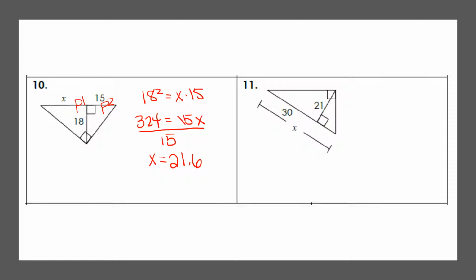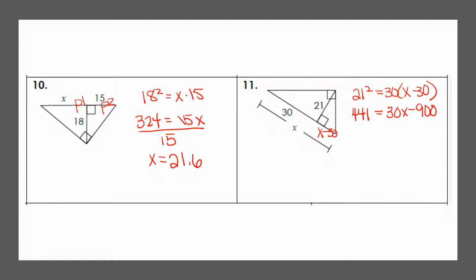Over here on number 11, if the whole length is x and I've got 30 taken out of it, then this part would be x minus 30. So now if I square the altitude, it'd be 21 squared equals 30 times x minus 30. And I can solve this. I get 441 equals 30x minus 900.